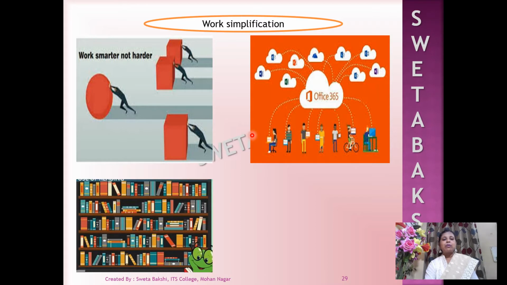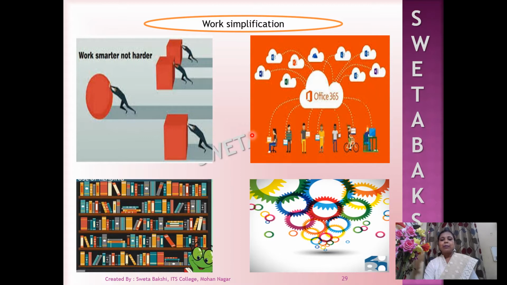This is the library book which has to be arranged in such a manner that it could be simplified and easier to find any book which you want to refer at a particular point of time. And this is about large work assigned in the organization which has to be simplified into smaller parts so that each individual can perform that particular task. So these are the best examples of work simplification in any organization.